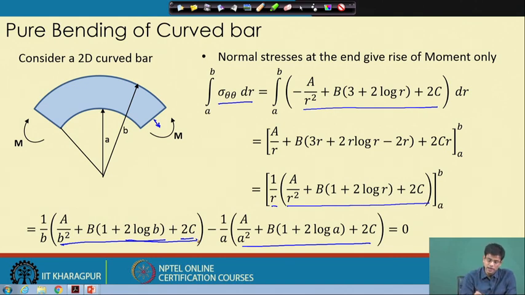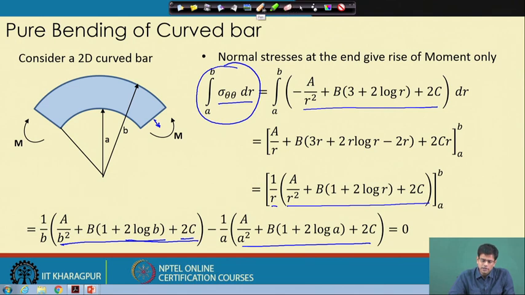So, finally this quantity becomes 0, which satisfies this boundary condition. This proves that our stress function does not give rise to any normal force, so it satisfies equilibrium also.